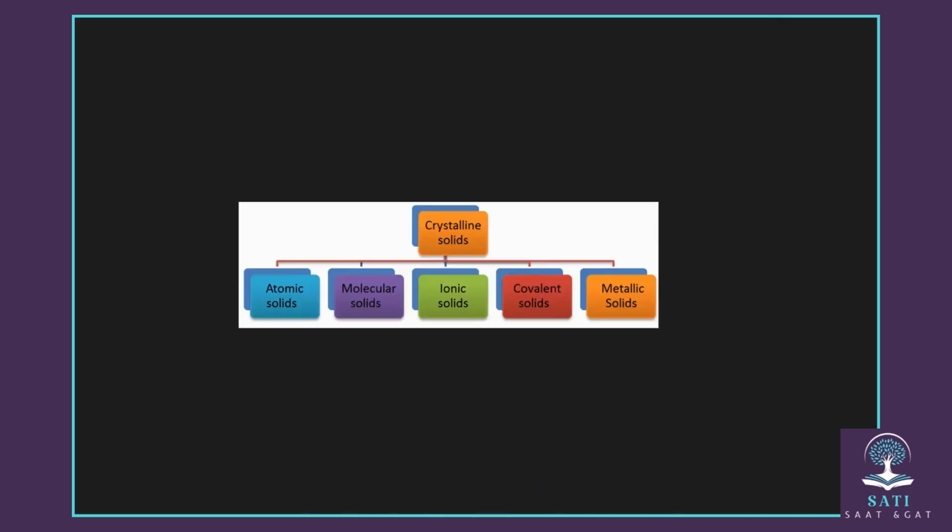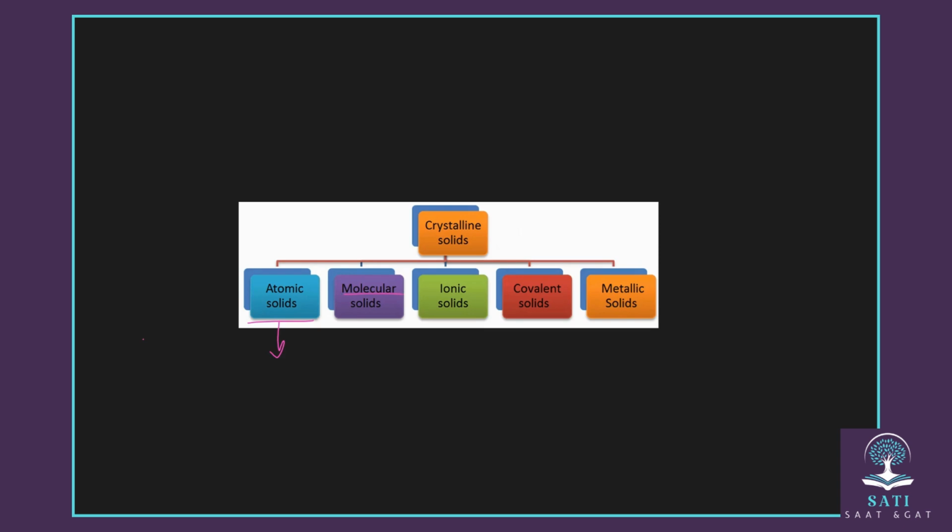These are the main types of crystals. We have atomic solids. Examples of atomic solids are the elements of group 18: helium, neon, argon. When they become solids, the crystals they make we call atomic solids.